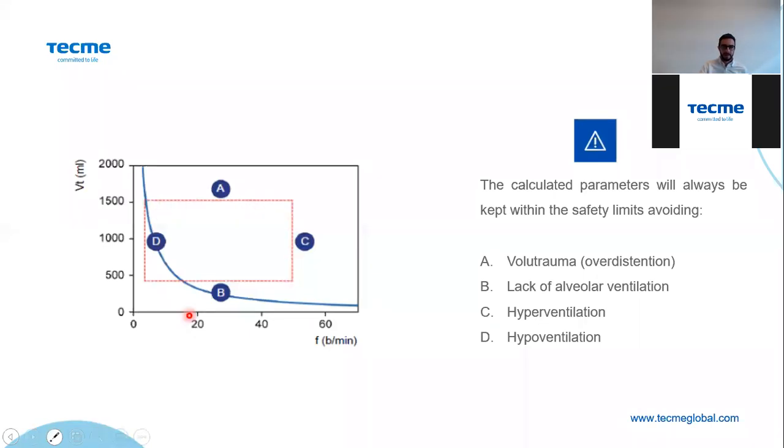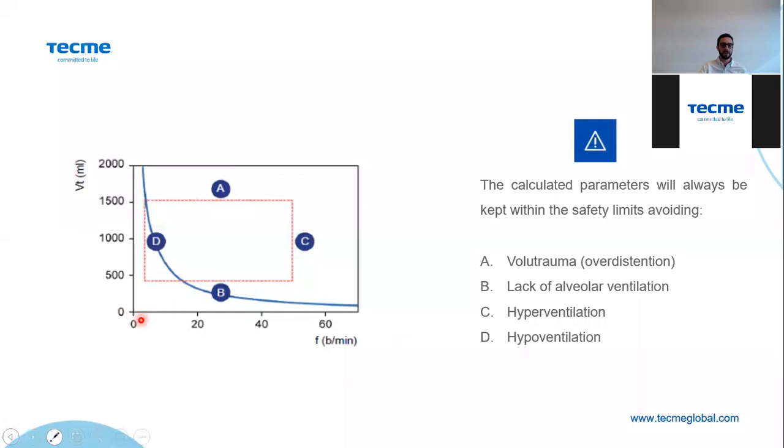For frequency, we have these two limits, the limit C and the limit D. The limit C is to avoid hyperventilation and the limit D is to avoid hypoventilation.